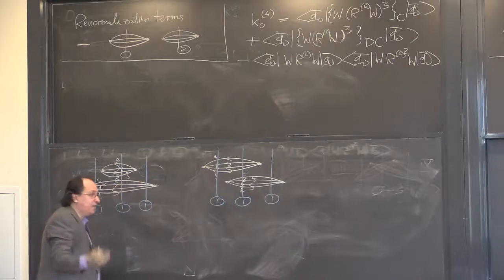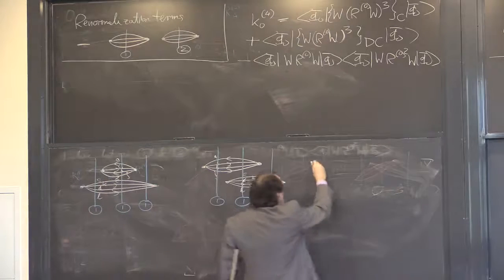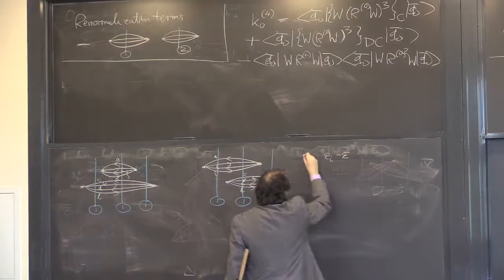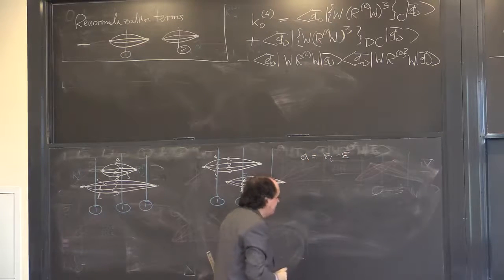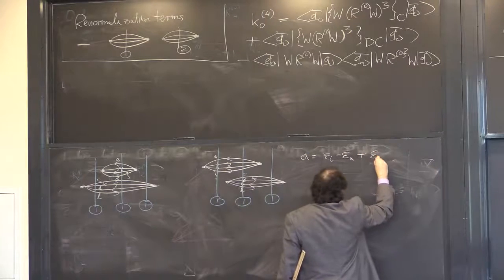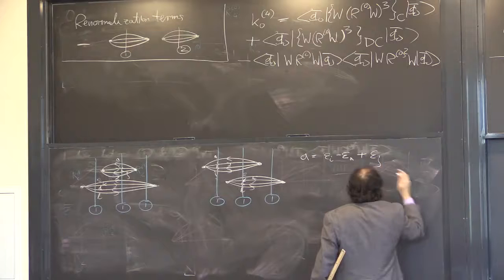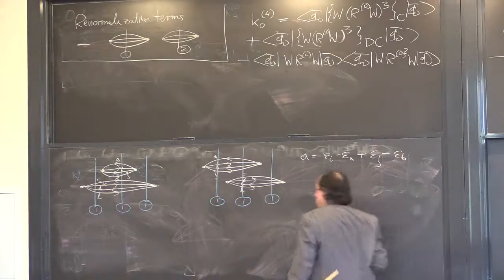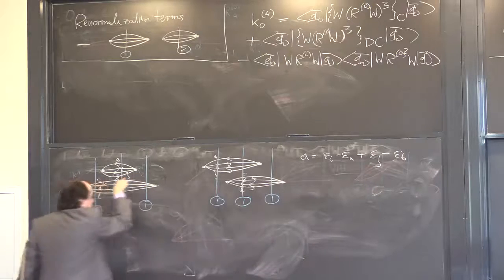So it is worth introducing a notation: when I write A, by that I will mean the part of the denominator that originates from lines of the top part of the disconnected diagram.